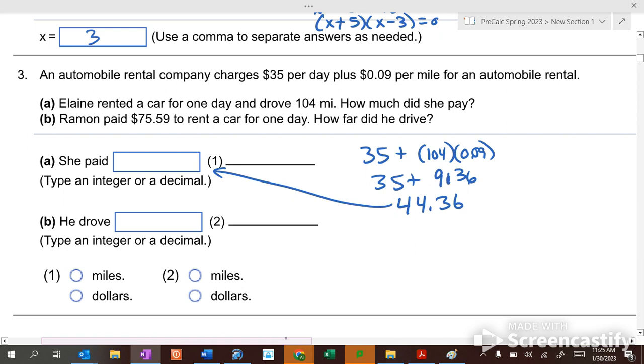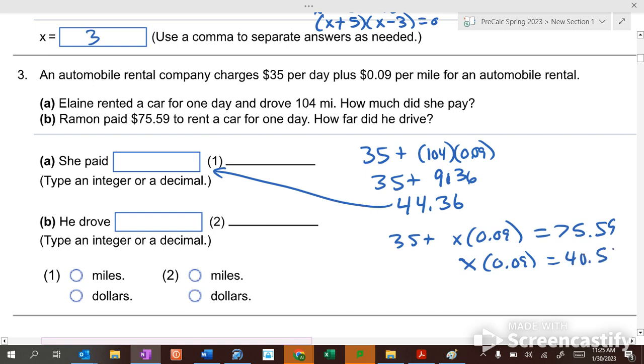Now, if Ramon paid $75.59, we take 35 plus x times 0.09 equals $75.59. Subtract 35, x times 0.09 equals 40.59 and divide by 0.09. So what's 40.59 divided by 0.09?